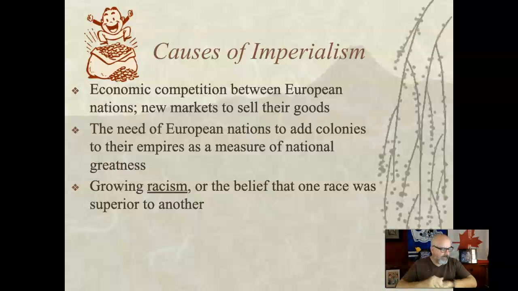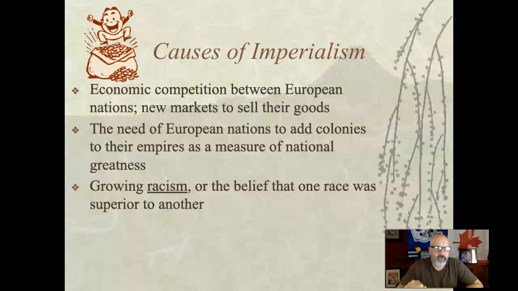pardon me, racism, that term's thrown around a lot these days. Sometimes people say racist when they mean bigotry or prejudice or intolerance, but technical classical racism is that you believe the determining factor of human civilization is the race of the people.